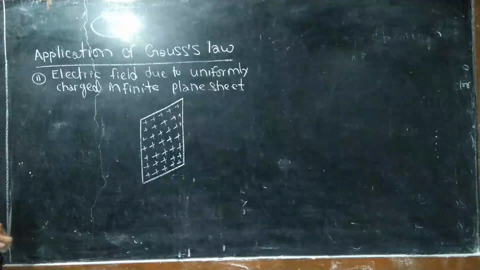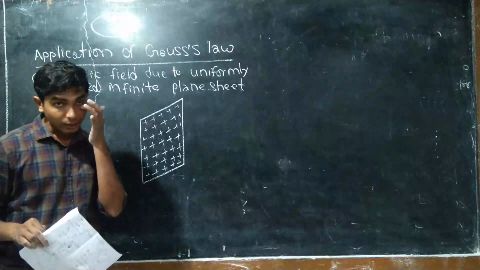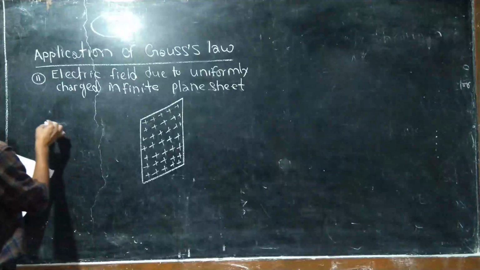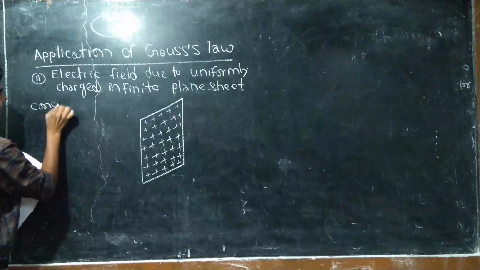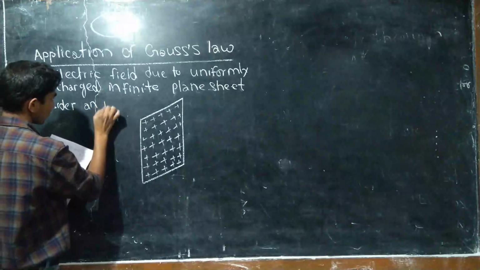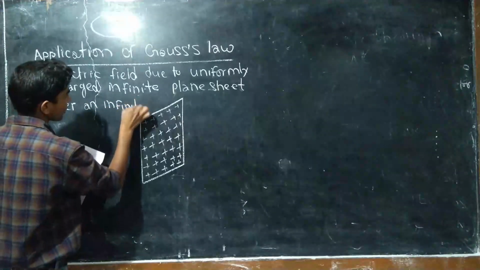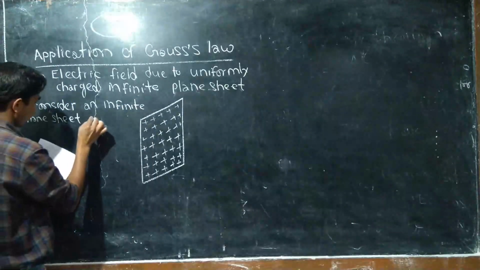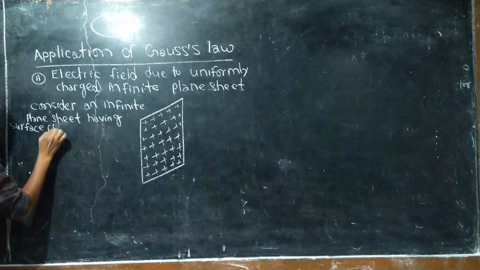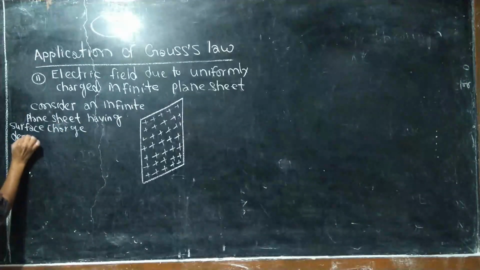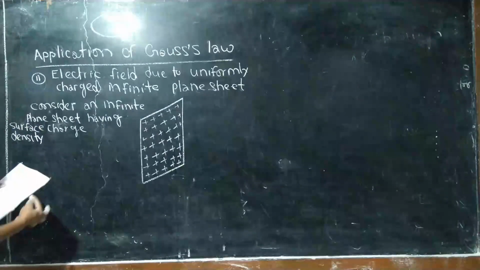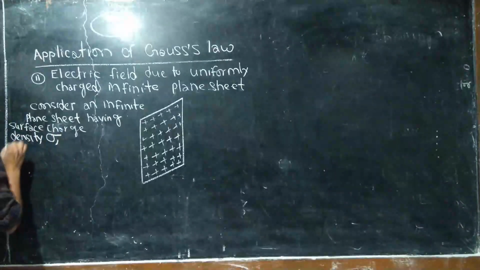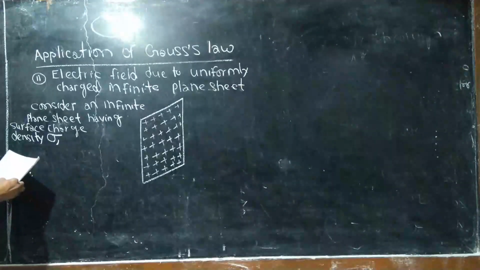Now again we have to construct a Gaussian surface. So first I have to write some statements. Consider an infinite plane sheet having surface charge density sigma.